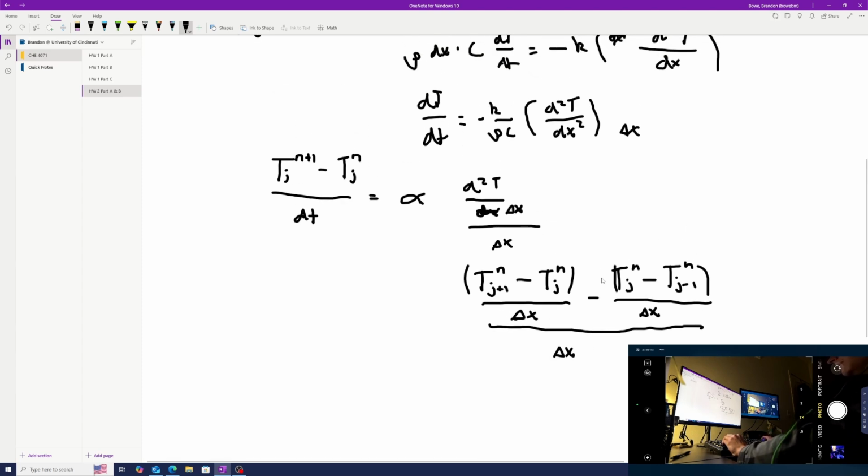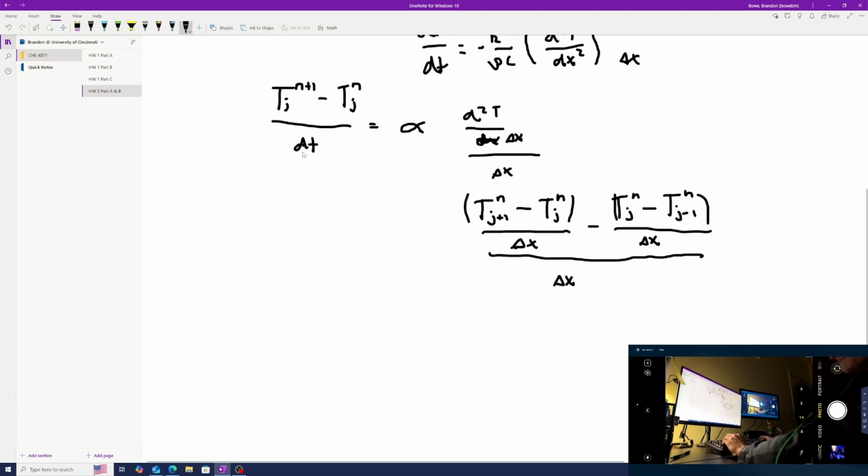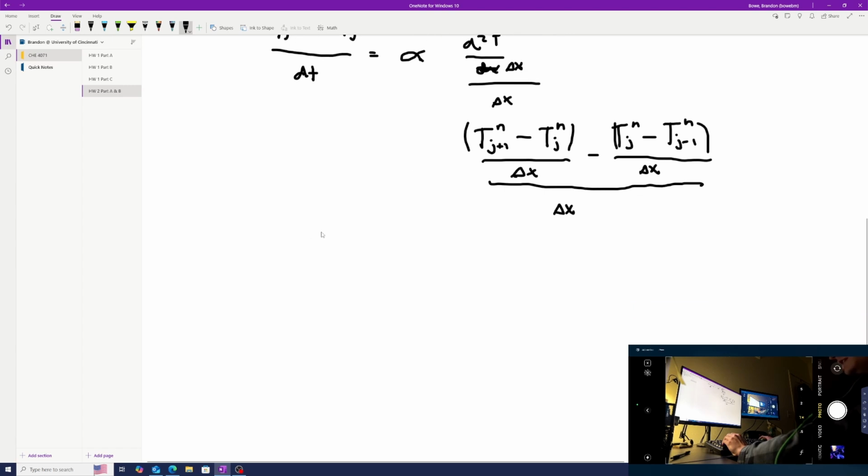We'll pull out both of these changes in position, and we'll need to bring across our dt and simplify, or not simplify, but move things over to isolate how we will calculate our next temperature at our current position. So the first thing we can do is multiply across by our change in time.